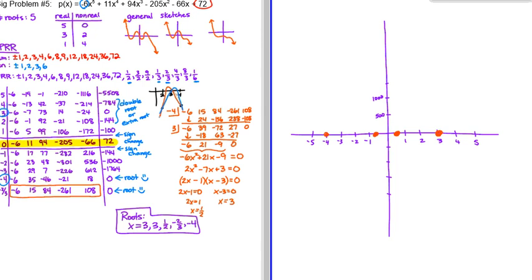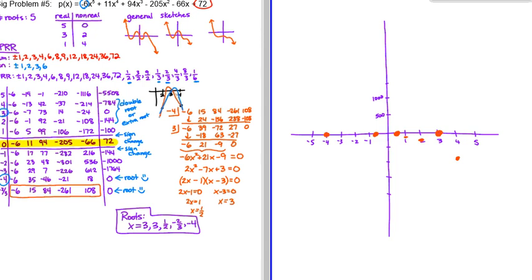Then you want to use the numbers in your chart to give you other points. So we have the point 4, comma, negative 784. That would be around here. We have the point 3, comma, 0, got that. 2, comma, negative 144. That would be up here somewhere. We have 1, comma, negative 100.